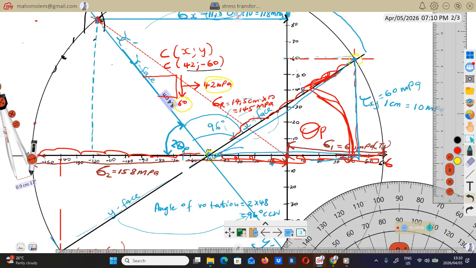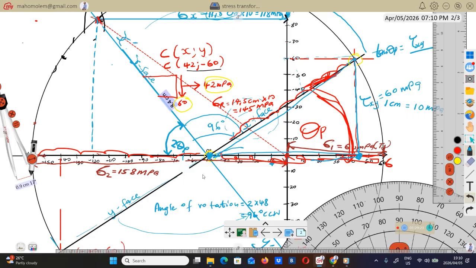So now the problem is to find the distance from here to there. We're going to find theta p. To find theta p, we use tan theta p equals the opposite side, which is stress xy, divided by this side from here to there.